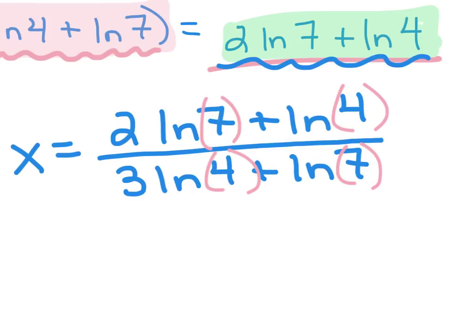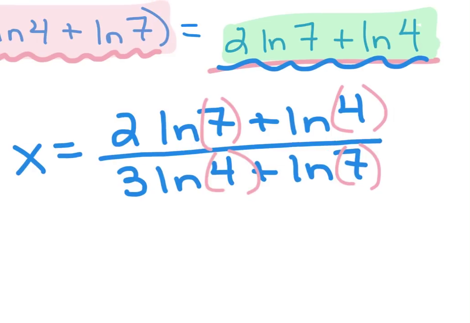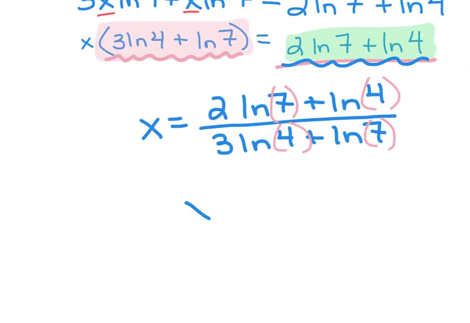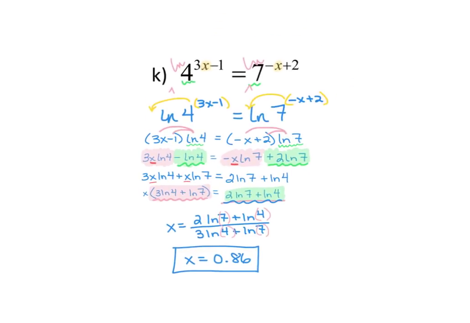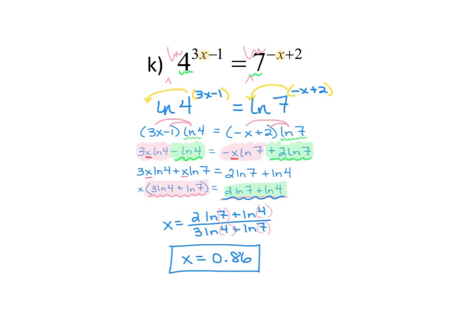So put parentheses around the 7, put parentheses around the 4 in the numerator, put in the denominator parentheses again around the 4 and again around the 7. Type that whole thing into your calculator. And what you should get is x equals 0.86, rounded to 2 decimal places. And that should be your answer for letter K.